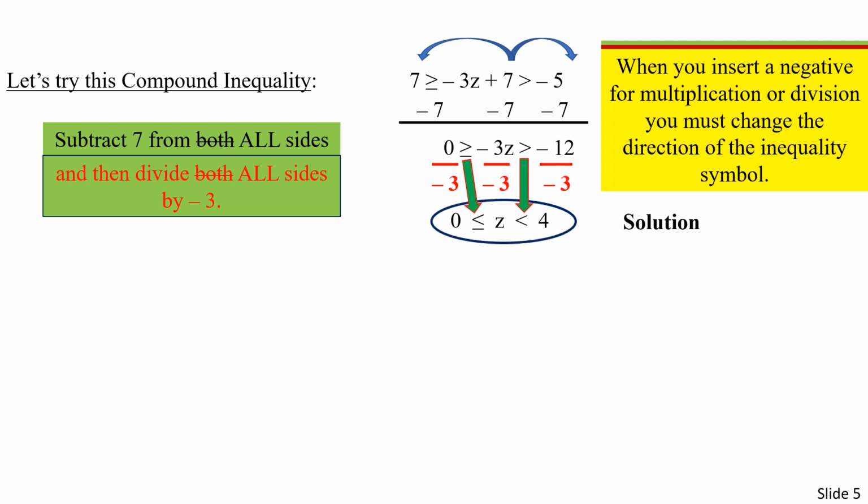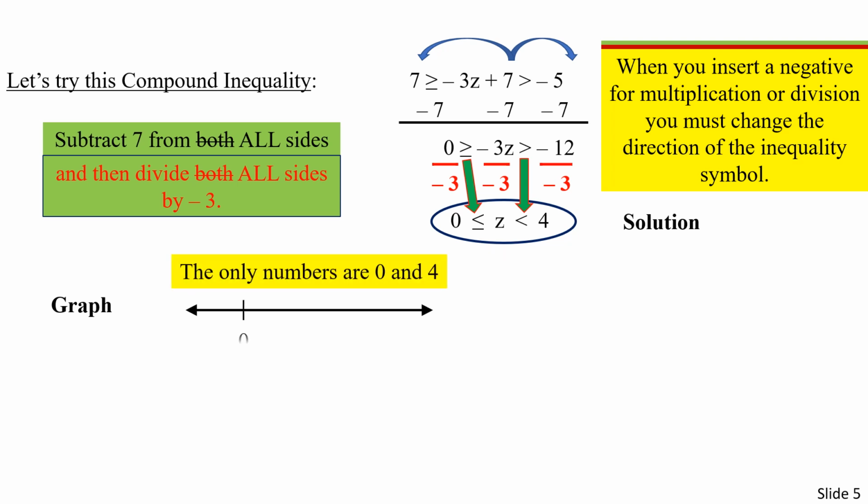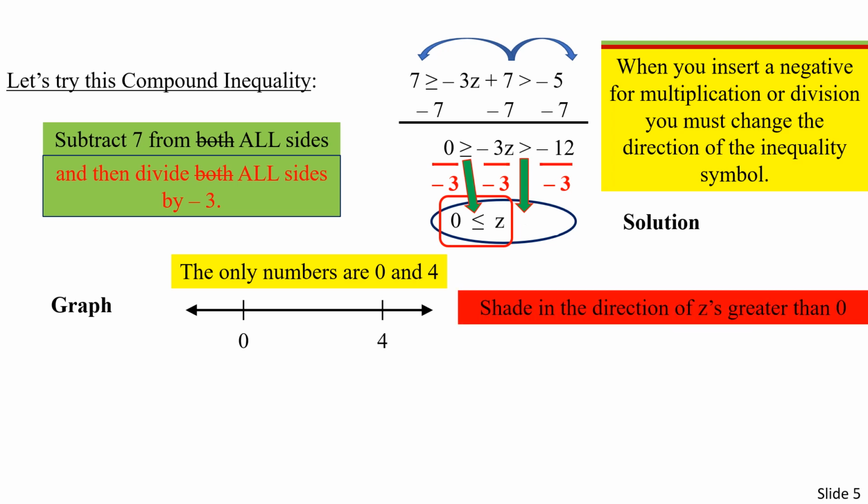So there's our solution: 0 less than or equal to z less than 4. So if I graph it, the only numbers I have are 0 and 4. When I look at the left-hand side, I need z's that are greater than 0.